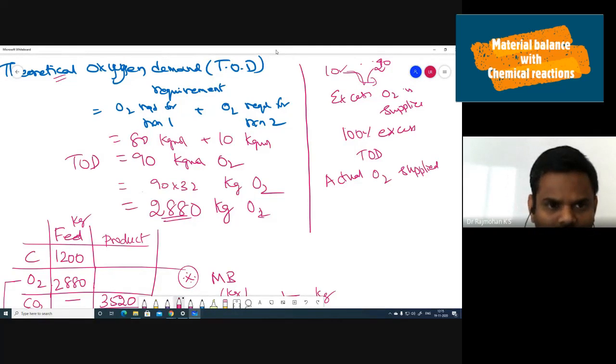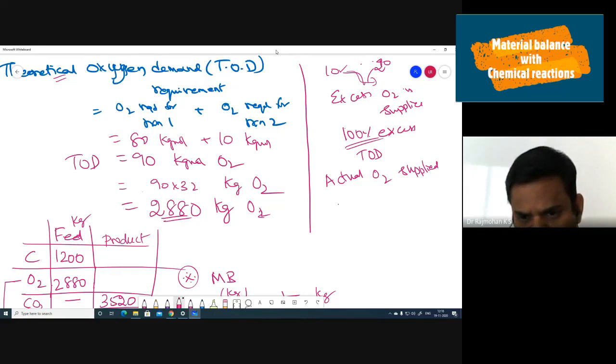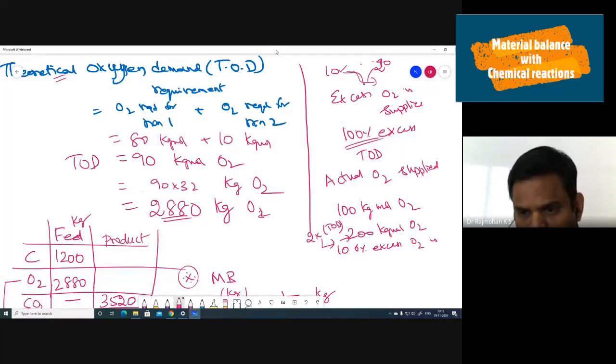The actual oxygen depends upon how much percent we are sending in excess. Let me say we want 100 kg mole of oxygen, but I am sending 200 kg mole of oxygen into the system. What does it mean? I am sending 2 times the theoretical oxygen demand. So that is 100% excess oxygen supplied.